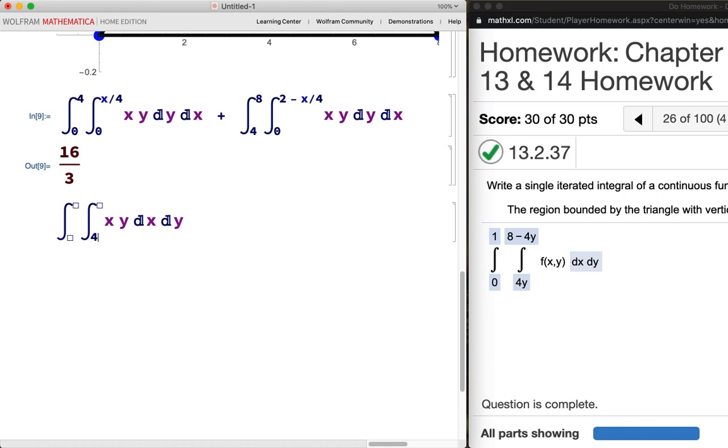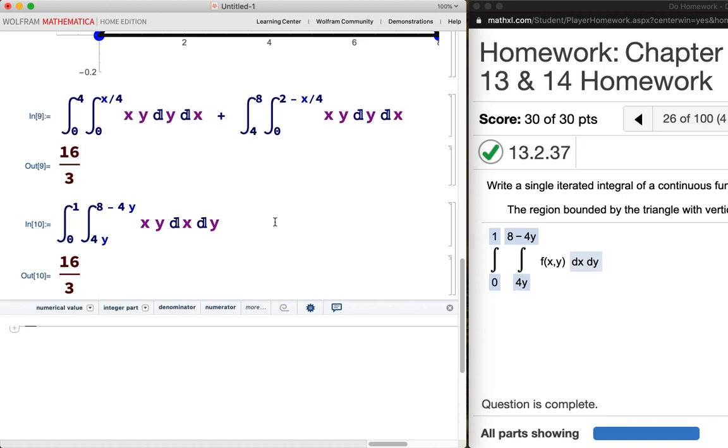My x limits are 4y up to 8 minus 4y. My y limits are 0 to 1. And I should have the same answer, which is 16/3.